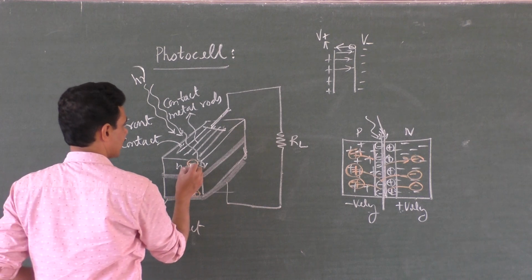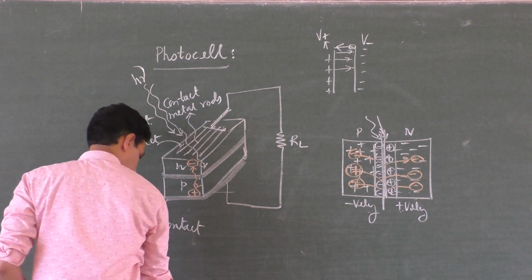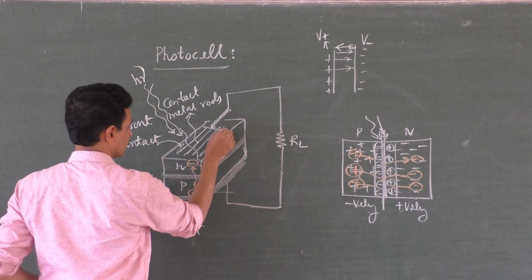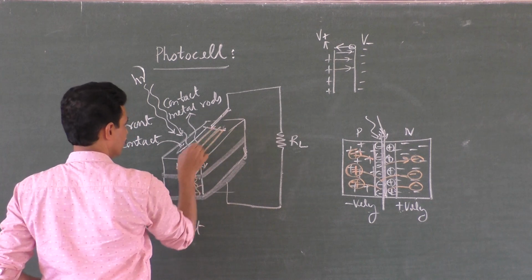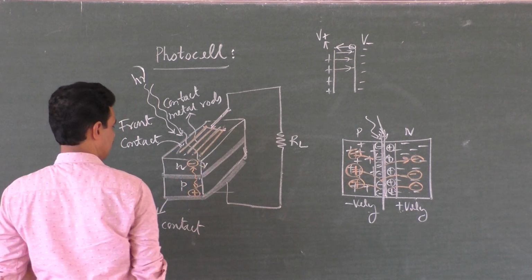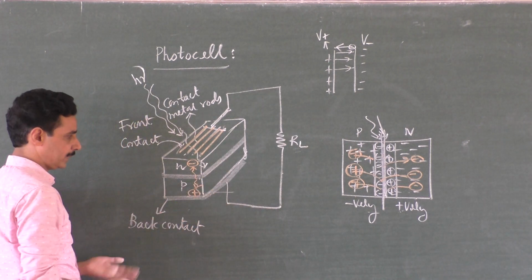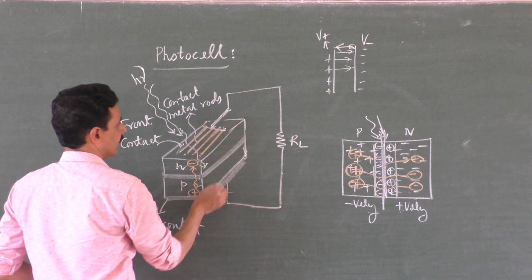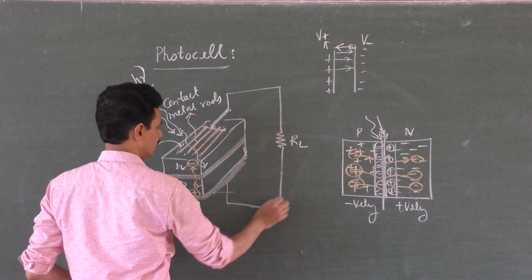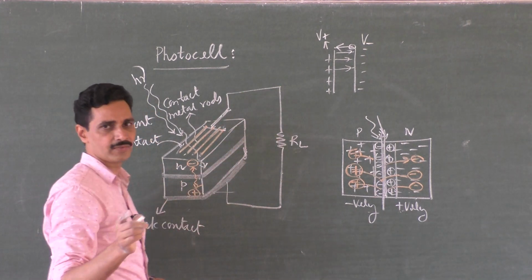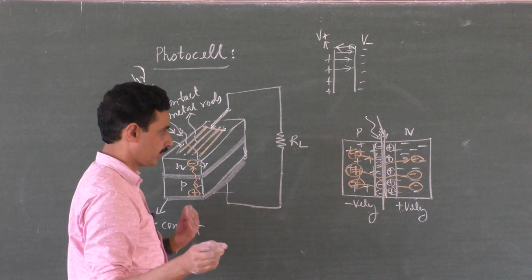Electrons are collected by these grid rods, that is, the front contact rods. Holes will move to this metal contact, the back contact, the metal base. Electrons will move like this and holes will move like this. And you know that the direction of current is the direction of motion of positive charges.